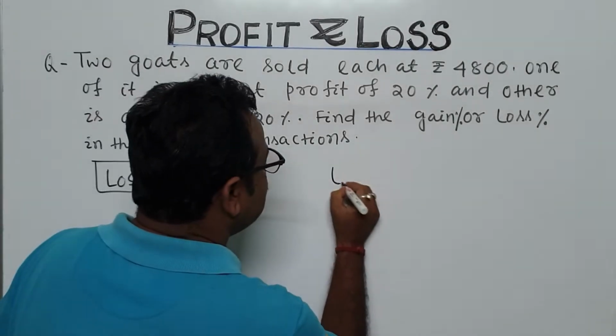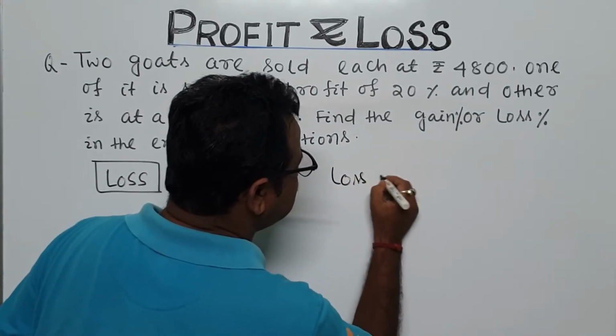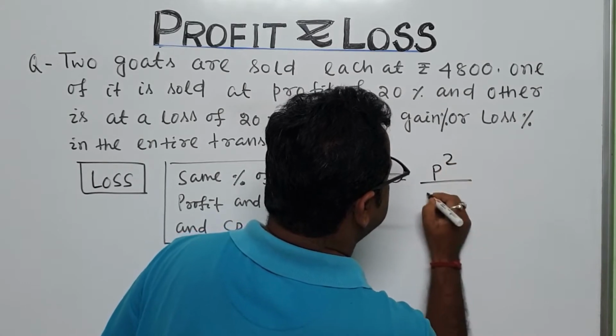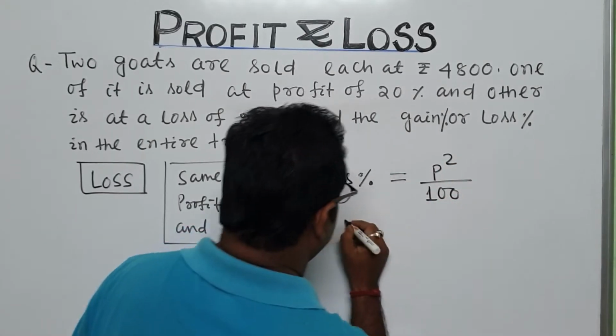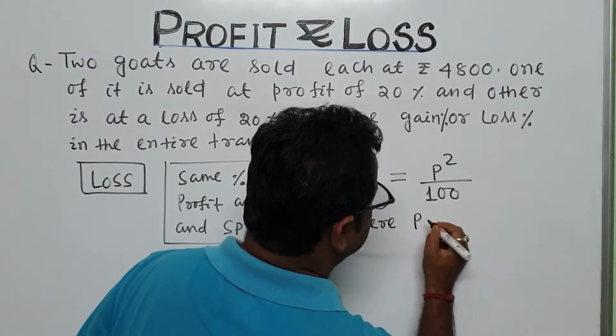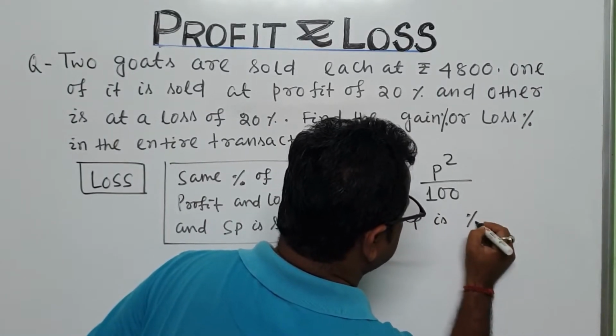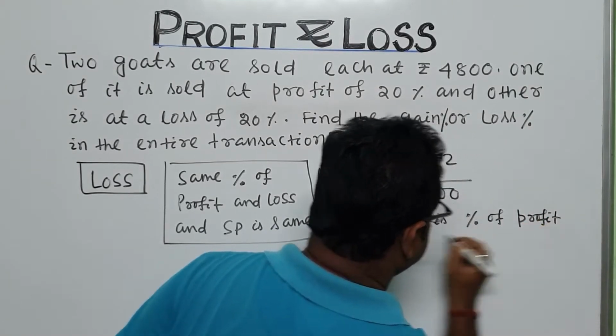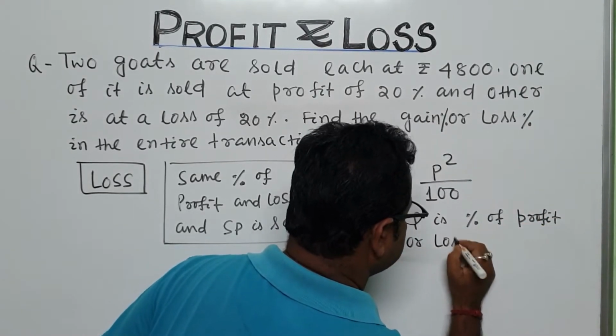Then how to find out the percentage of loss? Here loss percent, very shortly, is P square by 100, where P is the percentage of profit or loss.